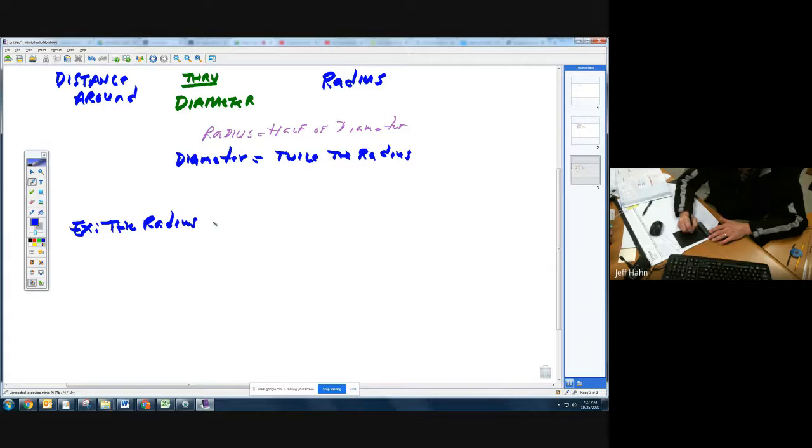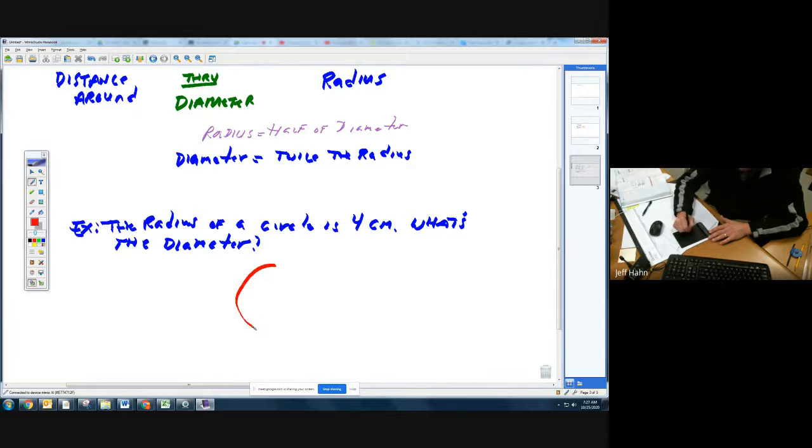The radius of a circle is 4 centimeters. What's the diameter? That comes up in the book. You would sketch Mr. Circle.